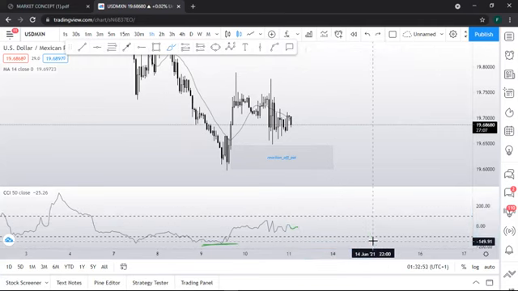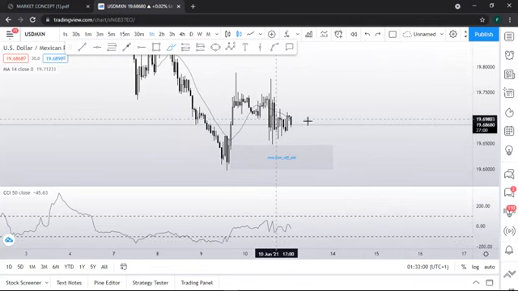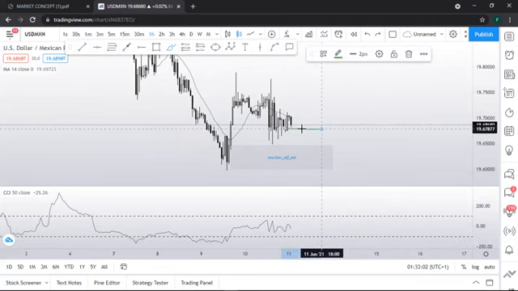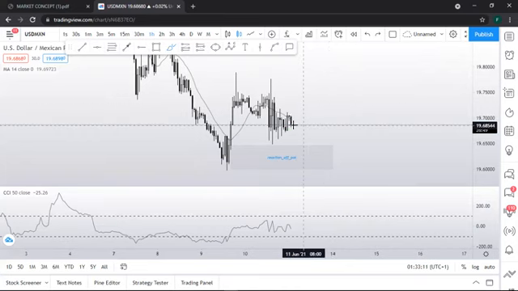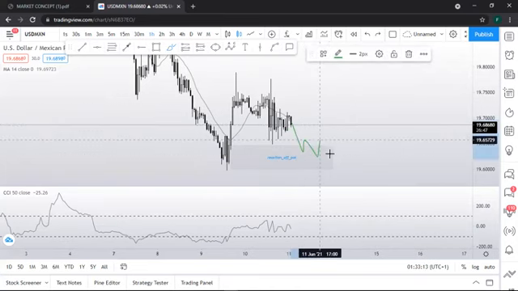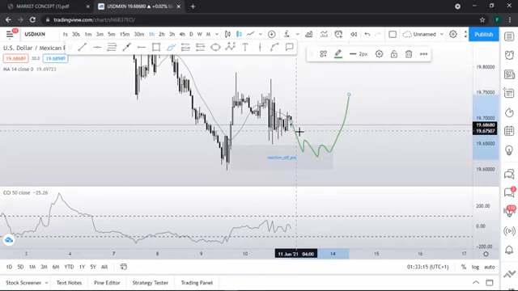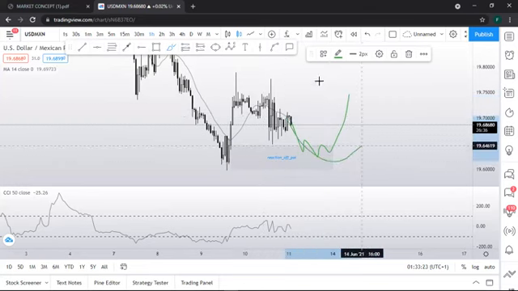So right now, if you have big accounts, you might want to take a trade around here, looking at some mitigation around here. But personally, I would want the trade to come down to mitigate here, and I would also want my MA to cross and let's trade above it.